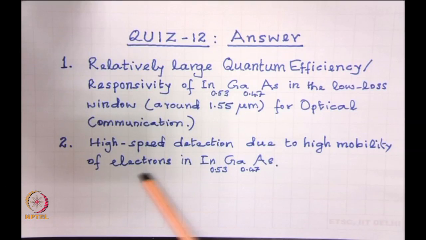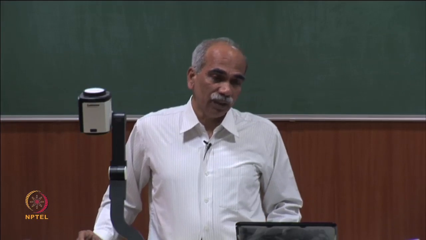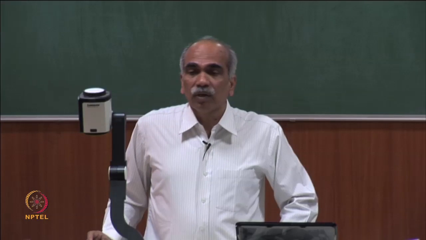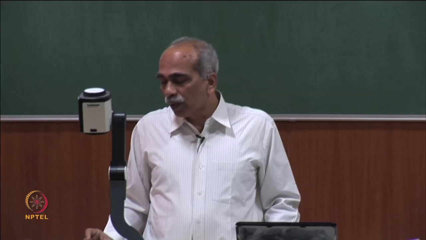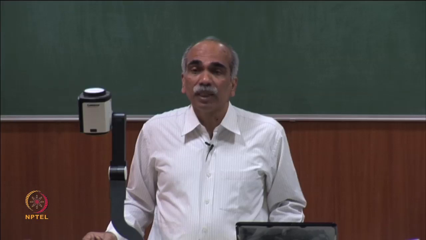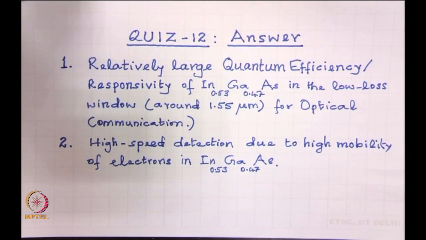So, a large mobility implies a large saturation velocity. Even at relatively smaller electric fields one can get a large saturation velocity, and hence the transit time gets reduced and the detector becomes high speed, because in optical communication we are talking of 10 Gbps, 40 Gbps and so on. You need high speed detectors to detect the incoming pulses. So, these are the primary two reasons why one goes for indium gallium arsenide for optical fiber communication.